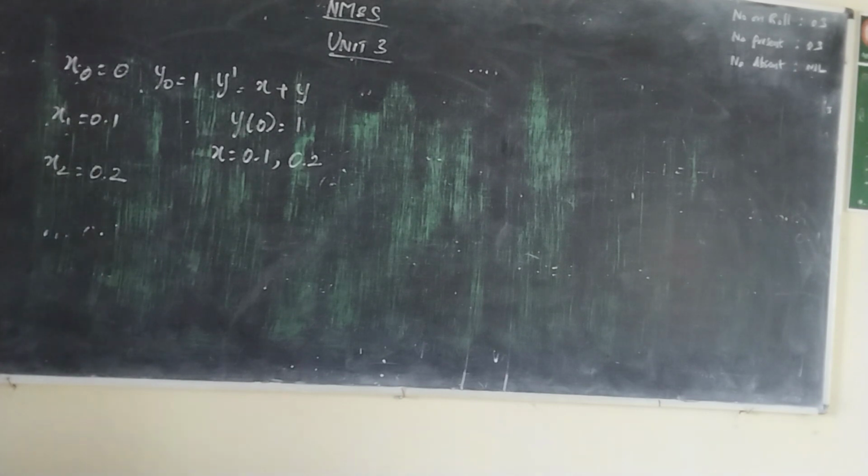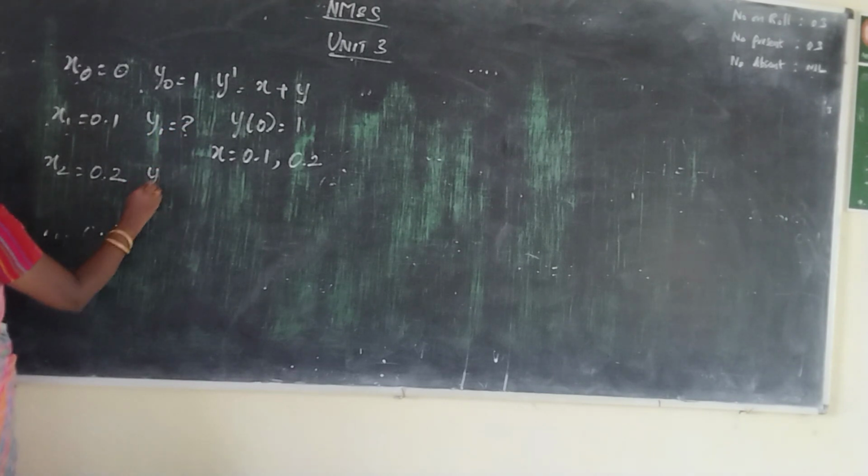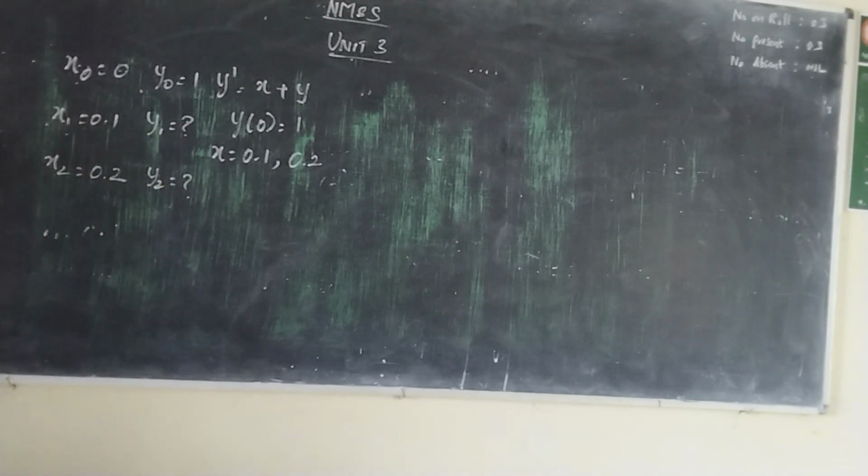So you have to find the corresponding y values, y1 and y2. So you are supposed to find two unknowns, y1 as well as y2. Again, decide what is the h value? 0.1. The interval difference will be equal to 0.1.